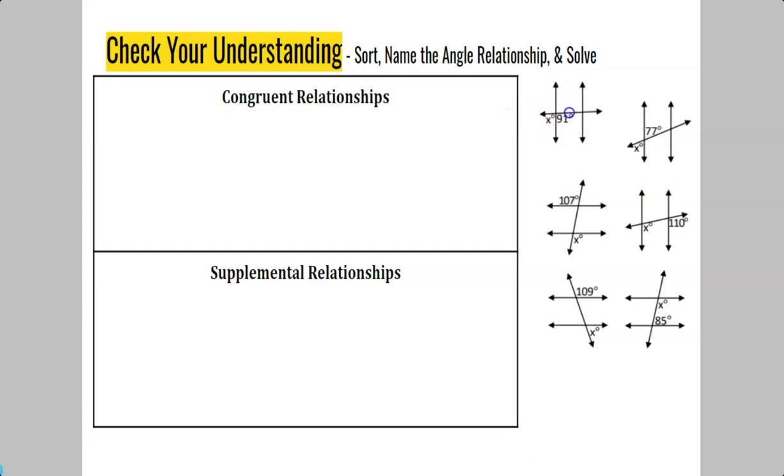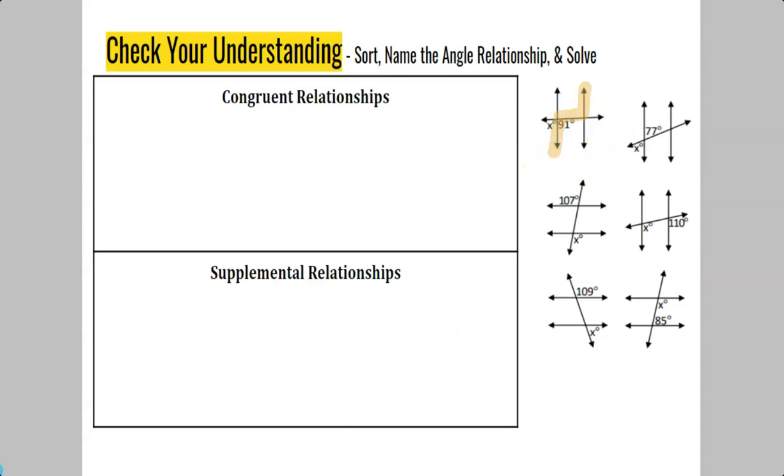So let's look at this first one here. And remember that we could be using things like finding our Z. Now this one might look a little weird because our parallel lines are vertical. And for some of us who are visual learners, this might be a little bit easier. So for me, I found the Z going kind of this way.